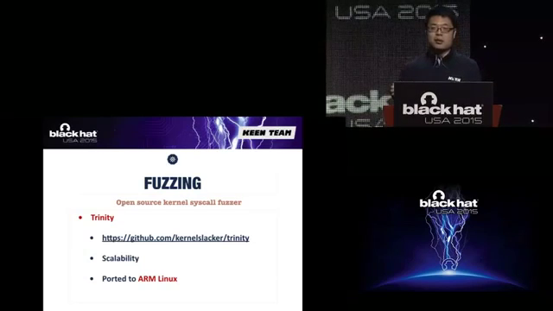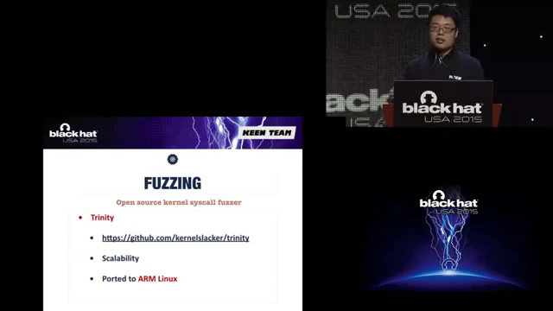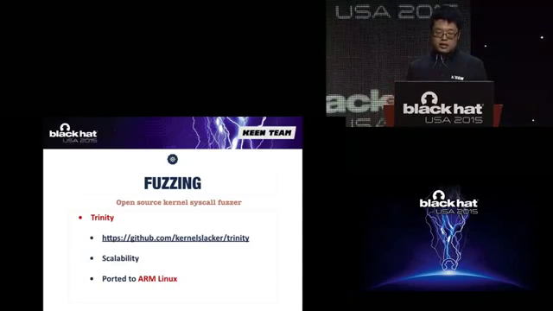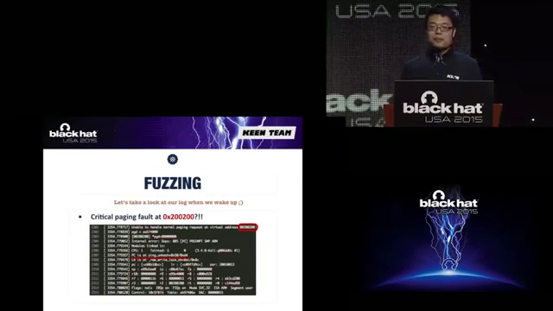Everyone could get it online, but it is based on desktop Linux. So Wu Xi customized it and ported it to ARM Linux and executed it on Android devices, and it generated hundreds of crash logs. He gave them to me, and my task was to analyze them and find something interesting.